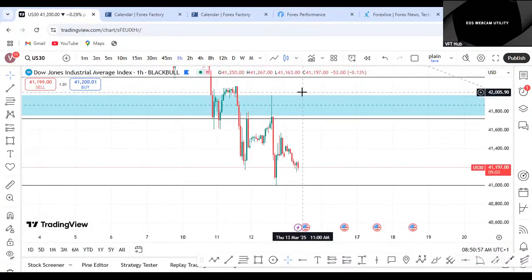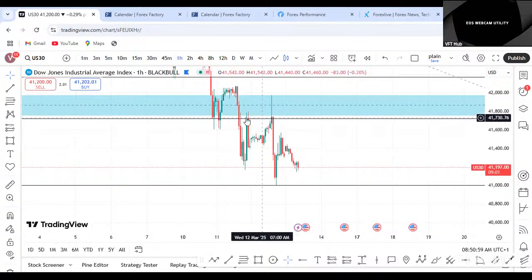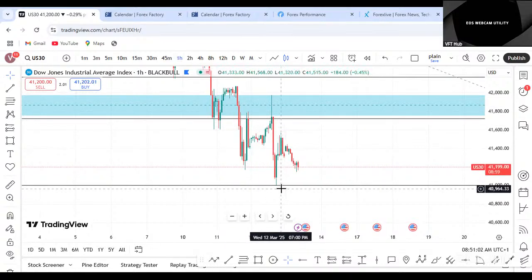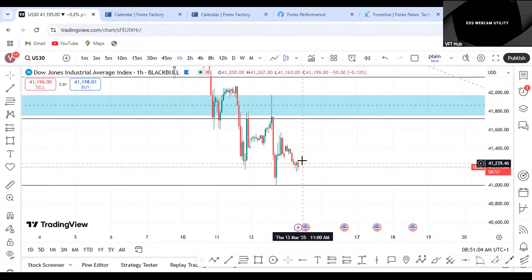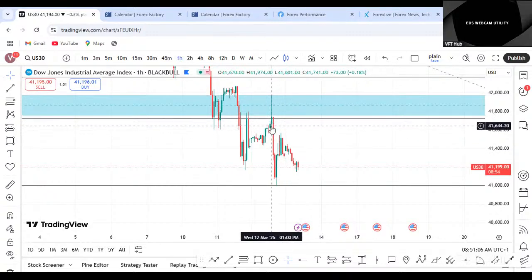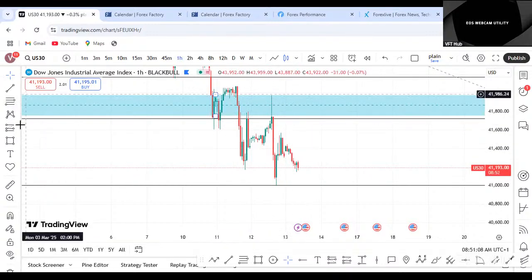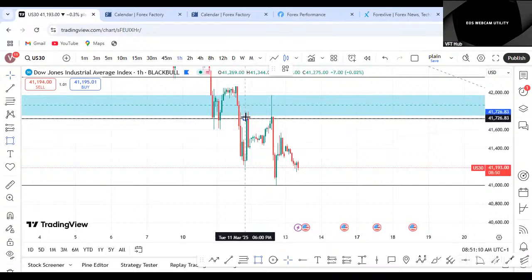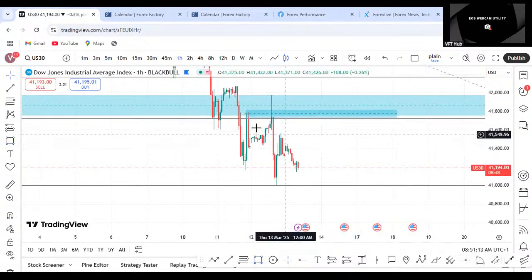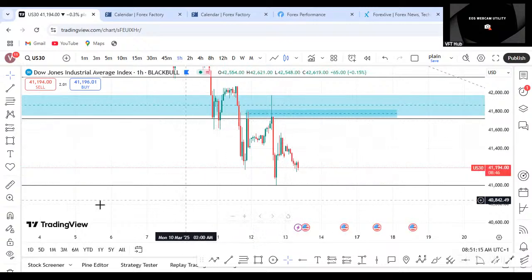Yes, there's something significant, like a box pattern too. A sweep of this low and then price breaks to the downside, and then we're expecting it comes back to tap this other block or this left shoulder somewhere around here.